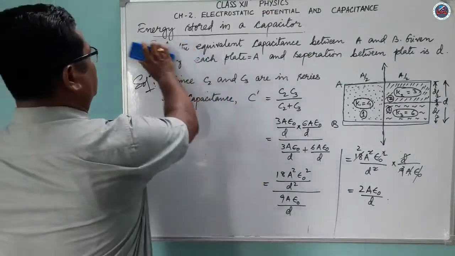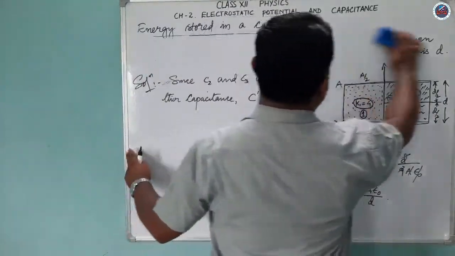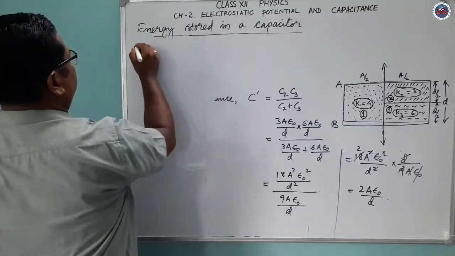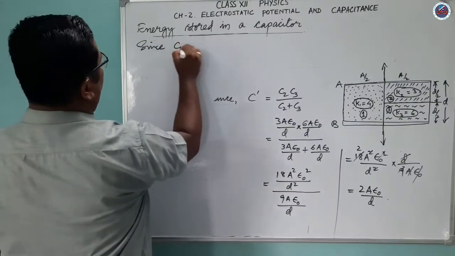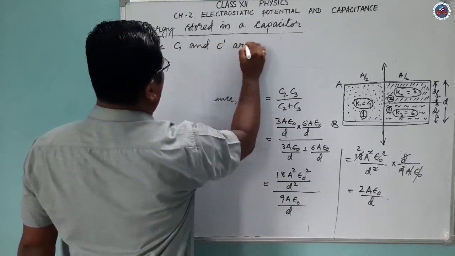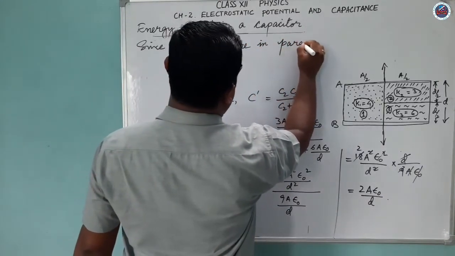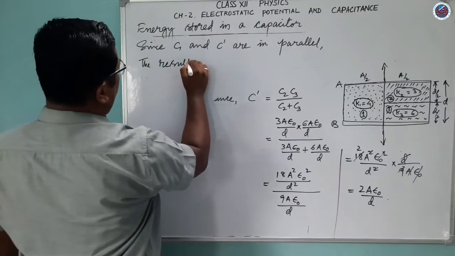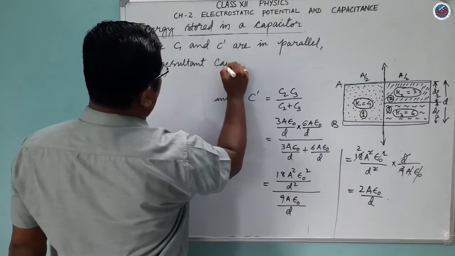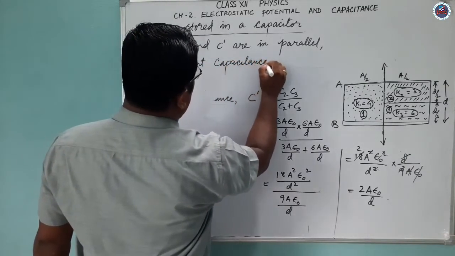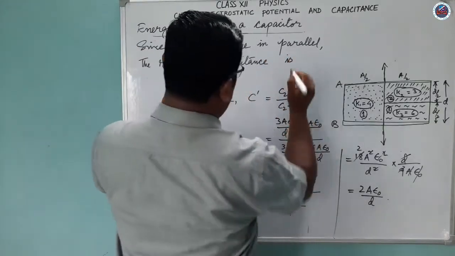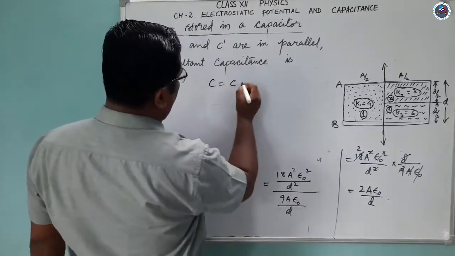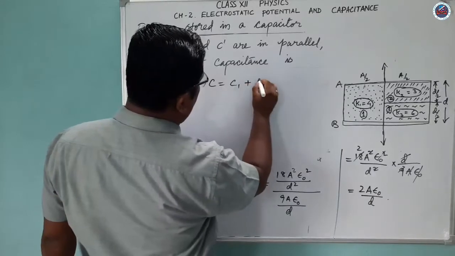So the net capacitance, since C1 and C dash are in parallel, the resultant capacitance is C is equal to C1 plus C dash.